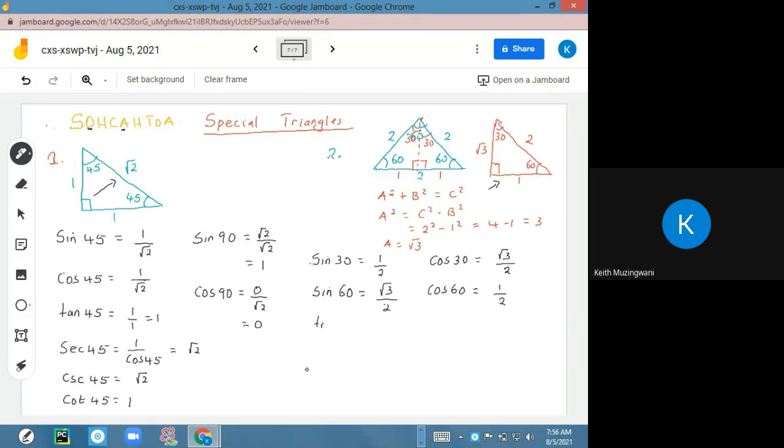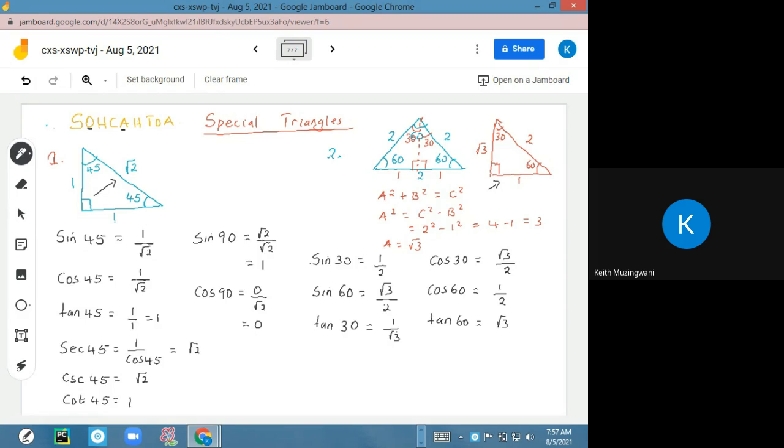So we can go to tan 30. Tan 30 is opposite over adjacent. So opposite 1, adjacent √3. Then tan 60 will give us opposite √3, adjacent 1.